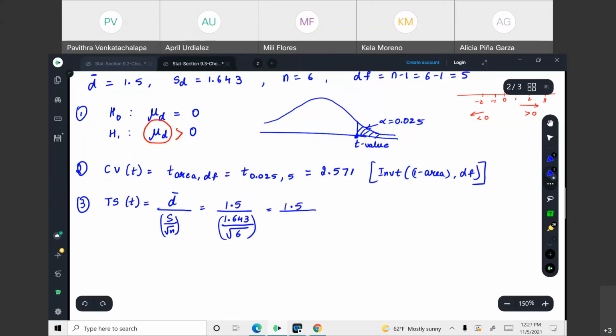How much do you get when you calculate the denominator, 1.64 divided by square root of 6? It is 0.67, right?